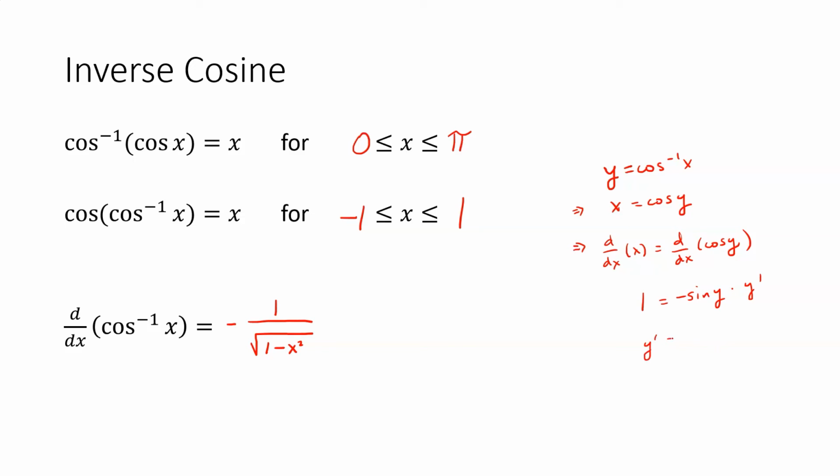So y prime would be 1 over negative sine y. So that's where the negative comes from. And then we would know that that's equal to the negative square root of 1 minus cosine squared, which is equal to negative 1 over the square root of 1 minus x squared. Okay, so it's the same derivation that we did before.